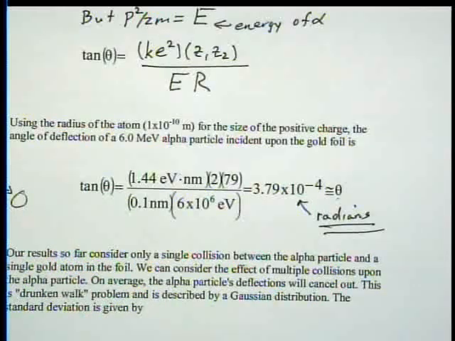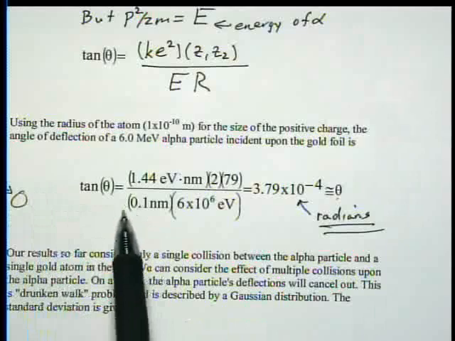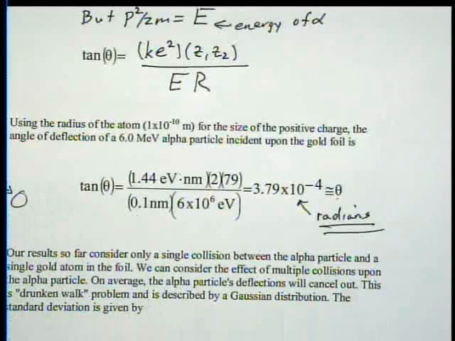So on average, there's equal probability going up and equal probability going down. Where's the distribution's average value going to be? Right in the middle, 0. So what we're looking at here is the standard deviation of a distribution function. And this is a many-event process of equal probability. This is a Gaussian distribution.